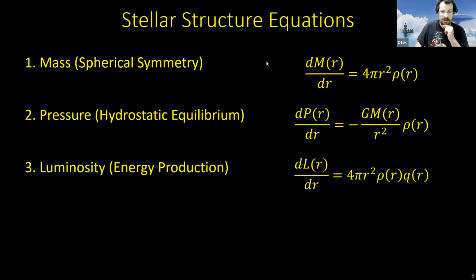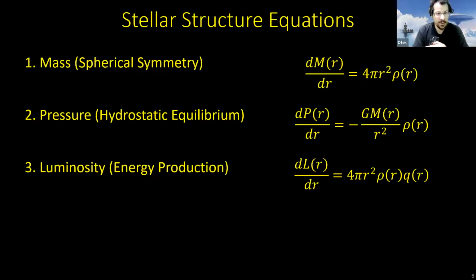Life, of course, is not that simple. So typically, we can't just assume a polytropic equation. Also, we left out a very important part of the star, which, of course, is energy production. As we said, what powers the star, what gives it temperature and thus pressure, which opposes gravity, is luminosity.